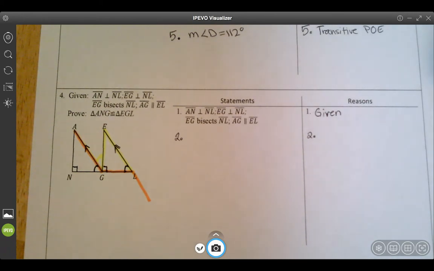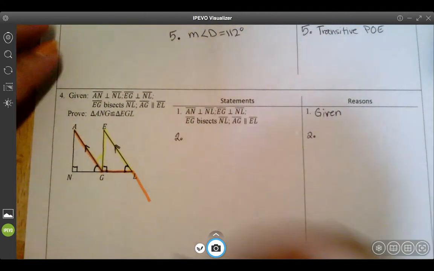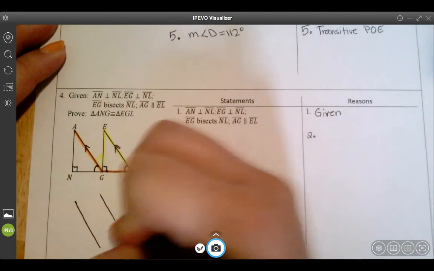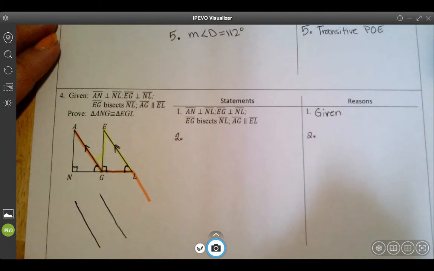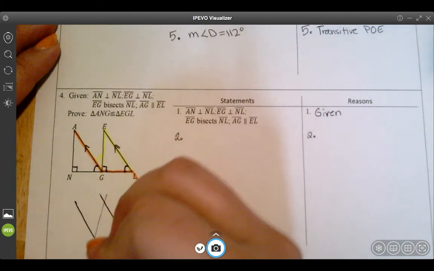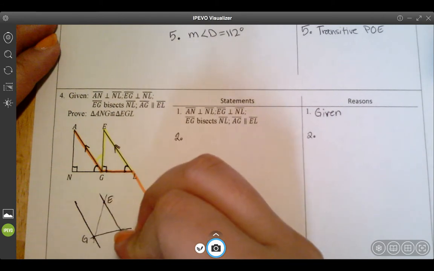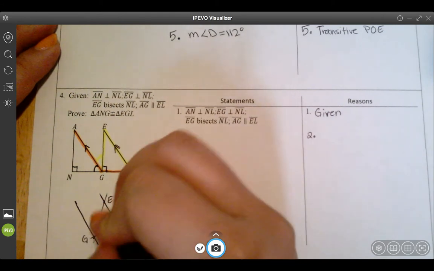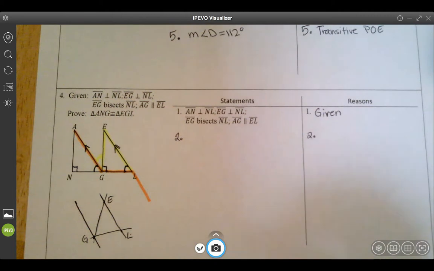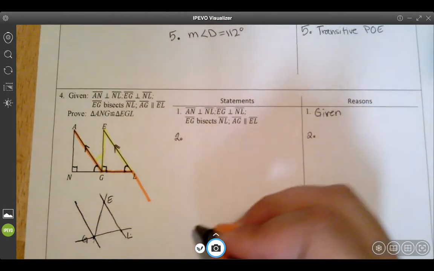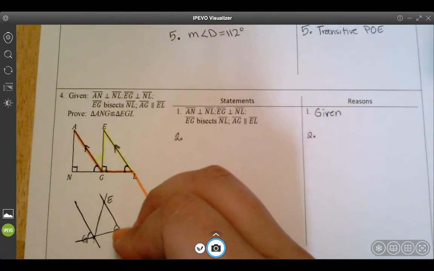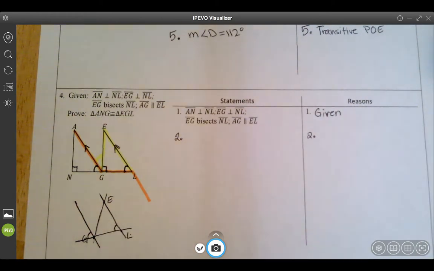Okay, so look at the angles that those give you. It might help also to draw a second diagram with those 2 parallel lines extended. And then you can say, here's E, G, and L. So where are the angles that are going to be useful? Okay, and that might make it a little bit easier to see that those are 2 corresponding angles.